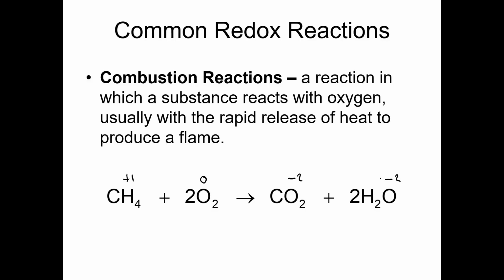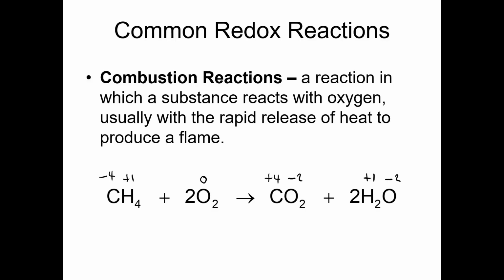Hydrogen in water is going to be +1. So let's do carbon first, right? If hydrogen is +1, then carbon here has to be -4. And carbon in carbon dioxide is +4, right? So 2 times -2 is -4. That means the carbon here has to be +4.